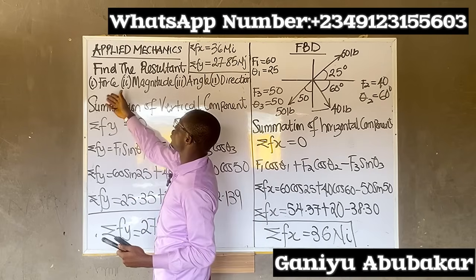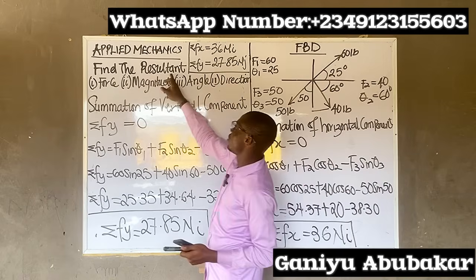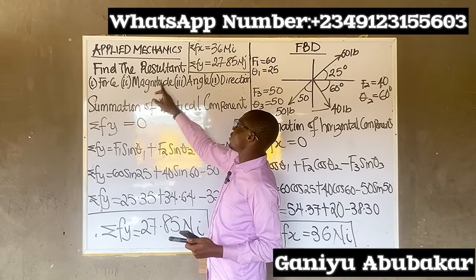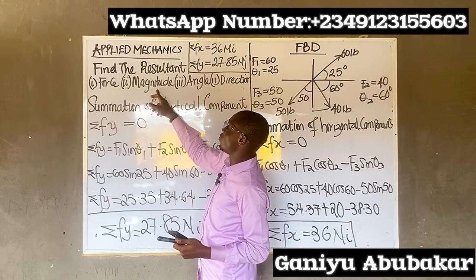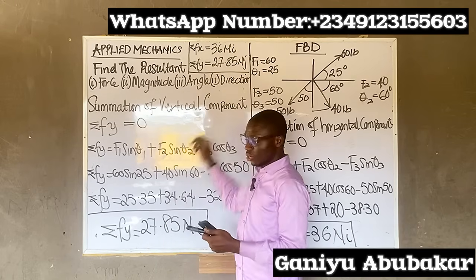Let's now get each of the other things here. Let's look for the resultant force, the magnitude of the resultant force, the resultant angle, the resultant direction.